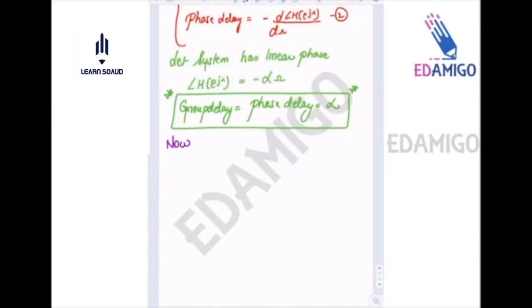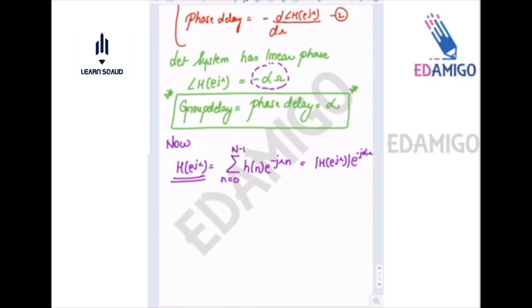Now as we know that H(e^{jσ}) is equal to summation h[n] e^{-jσn}, n equals 0 to capital N minus 1. So writing this as magnitude and keeping the phase as minus alpha into sigma, so e to the power minus j alpha sigma.